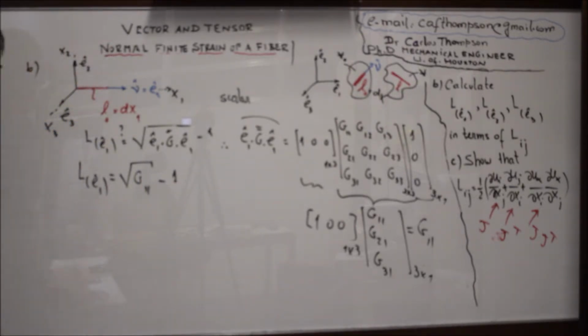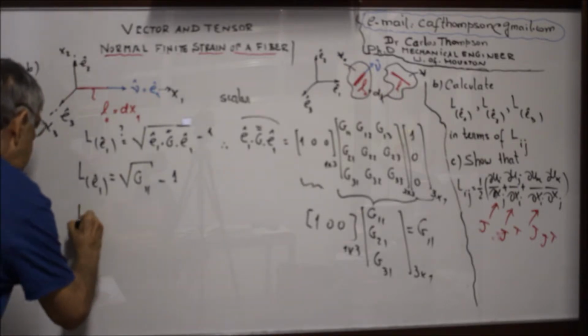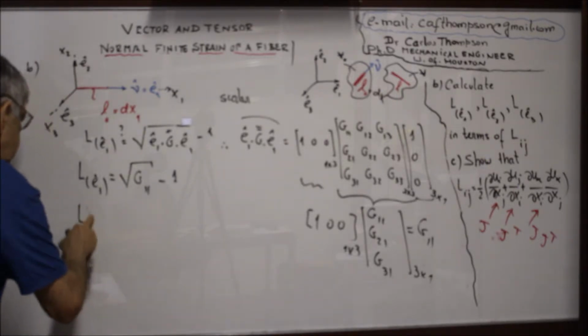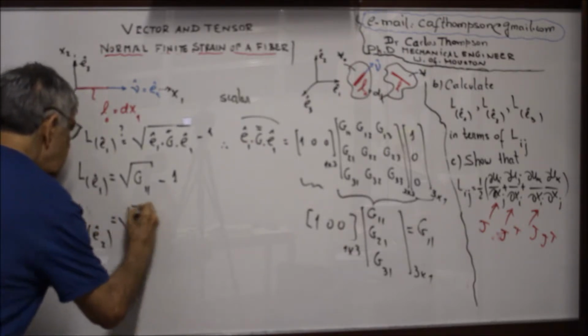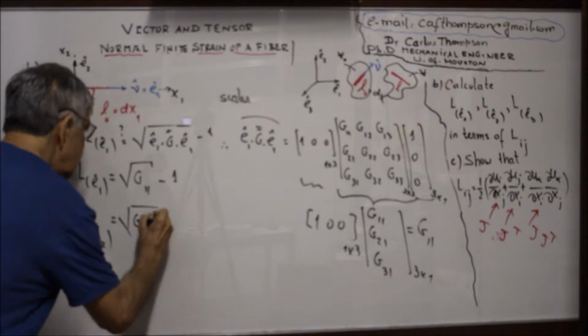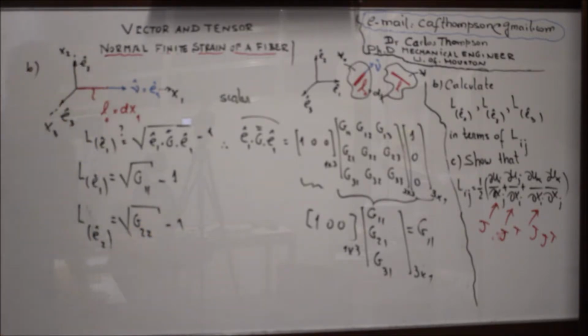So this is a normal strain in this direction. Obviously, analogously, L E2 will be square root of G22 minus 1.